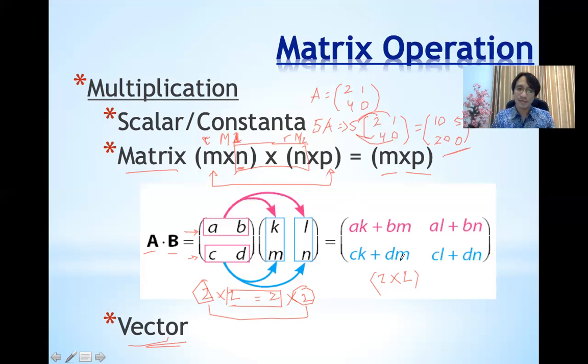So we have to be careful, and we have to be able to imagine what the order of the result matrix is.